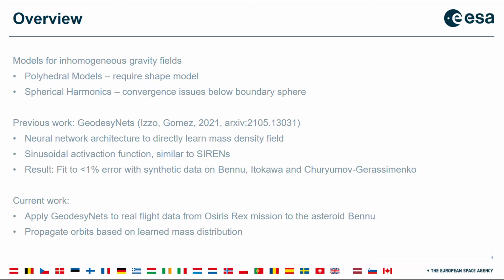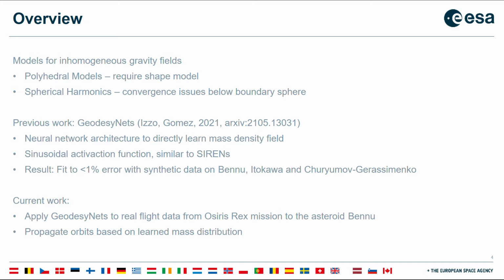So there have been several models to model the inhomogeneous gravitational fields. If you assume a uniform density, then you can use polyhedral models, which use a shape model to uniformly integrate over its interior and give a gravitational field.